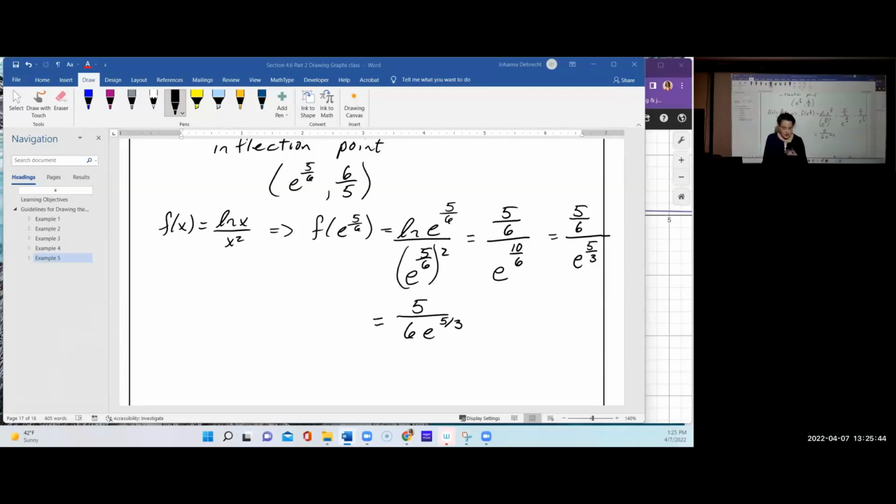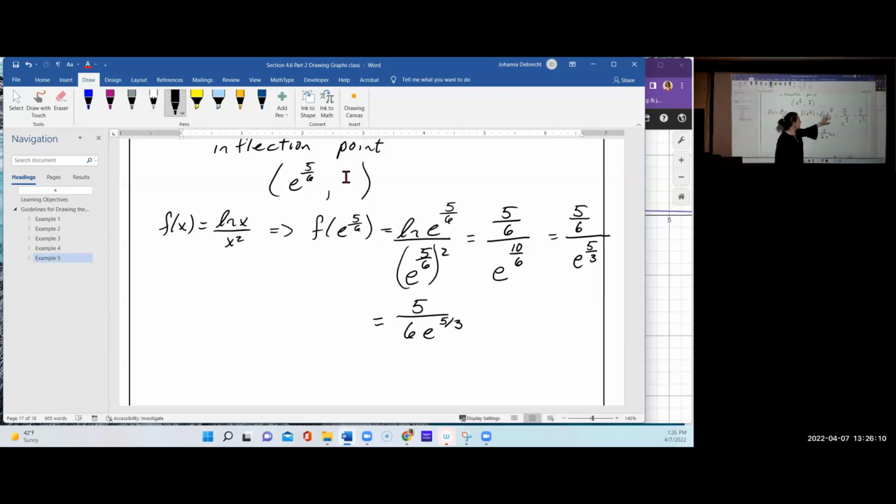Okay, let's now find the value where the inflection point is. So you can see that it's at x. Oops, I've got the wrong thing written in there. I've got e to the 5/6, so I replace that in the original function. Then I have natural log of e to the 5/6 over e to the 5/6 squared. That's my original function.